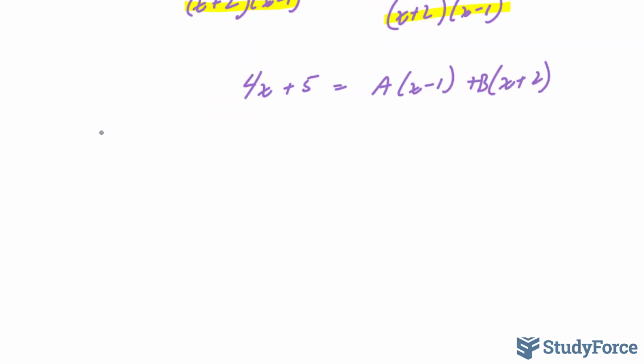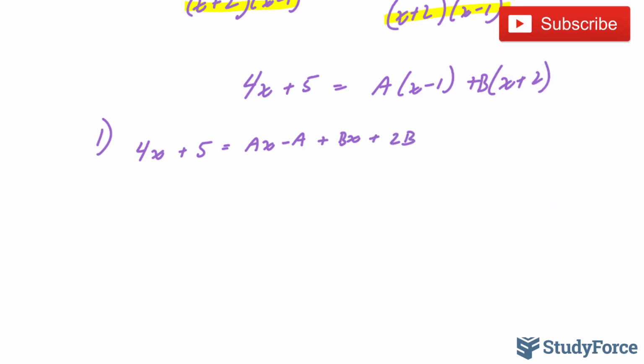The first method is similar to solving a system of linear equations where you have to match the coefficients. Let me show you what I mean. You have to expand the right side where you end up with 4x plus 5 is equal to ax minus a plus bx plus 2b. Once you've expanded the right side, you will now match the coefficients.